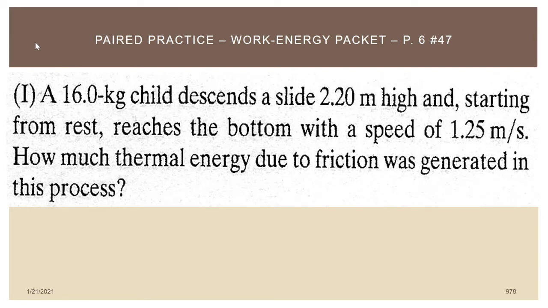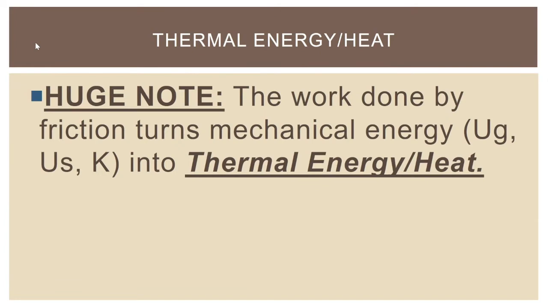The point that we're trying to make here is that the work that's done by friction will always turn mechanical energy, and that's going to be gravitational potential energy, elastic potential energy, or kinetic energy, into thermal energy or heat. Thermal energy is another word we use for heat.